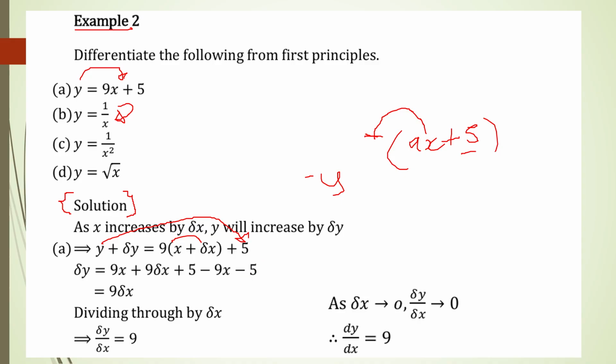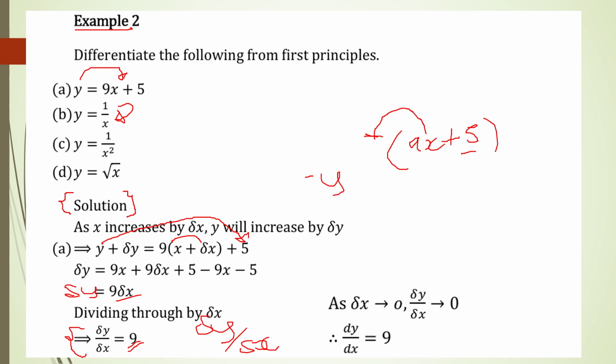When you see that you cannot simplify any further, we divide through by small change in x. Dividing through by small change in x, you're going to end up with small change in y divided by small change in x being equal to positive 9. From here, after getting this delta y divided by delta x, we make our assumption.